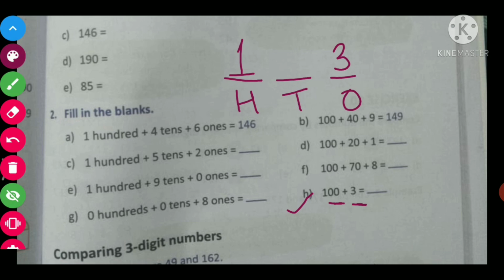So here only 2 numbers are given, that means no number is there in tens place. So our number will be 103. This is how you have to find out the numbers, by observing the expanded form of those numbers.